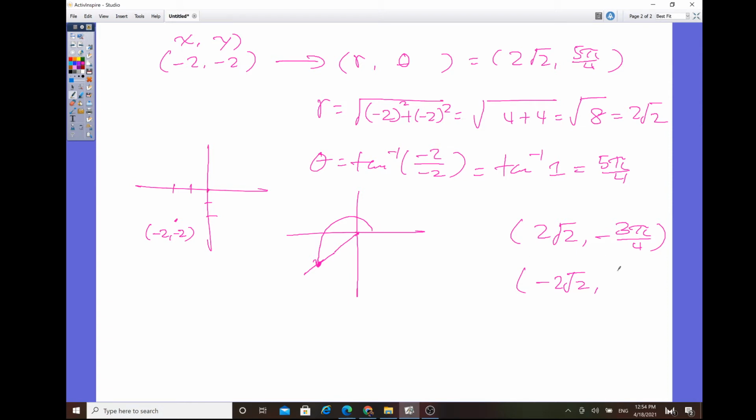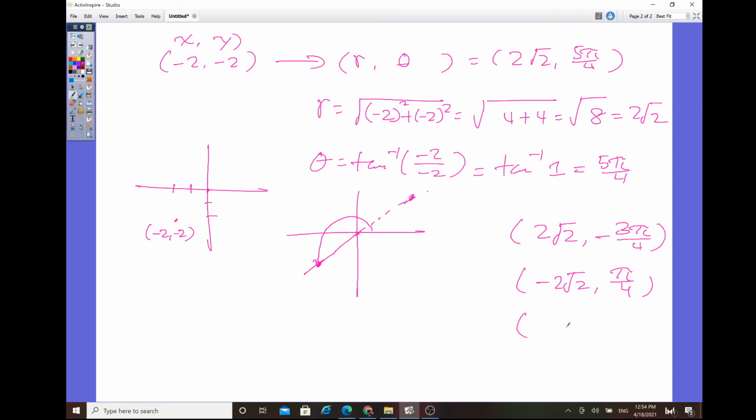Okay, so it used to be what, pi over 4? Pi over 4, it's over here. But once you reflect it, it's going back to this one. Like that. And then what else could that be? Another representation.